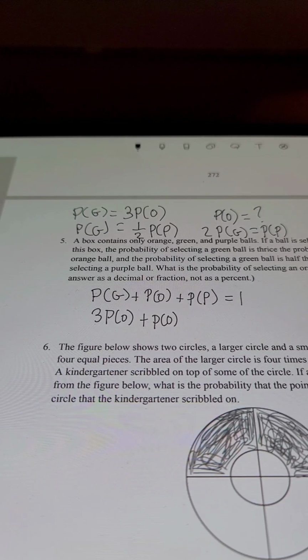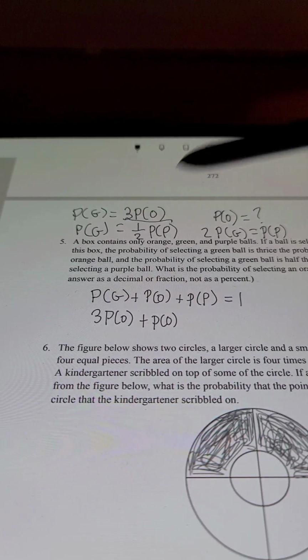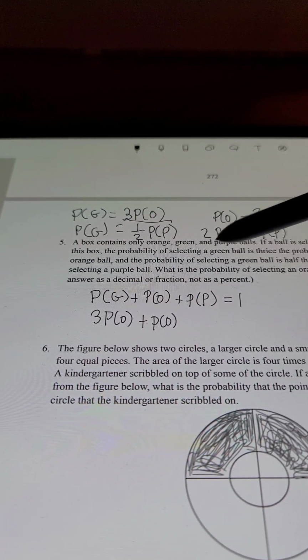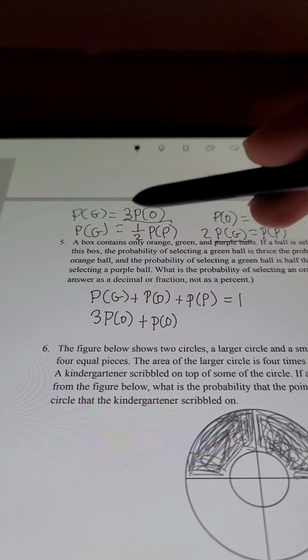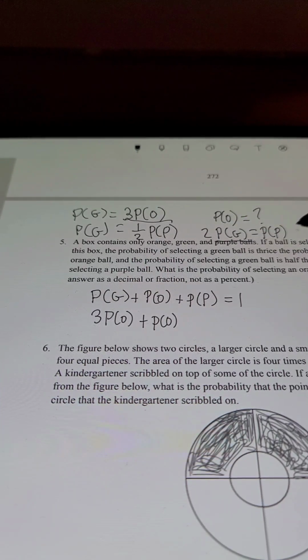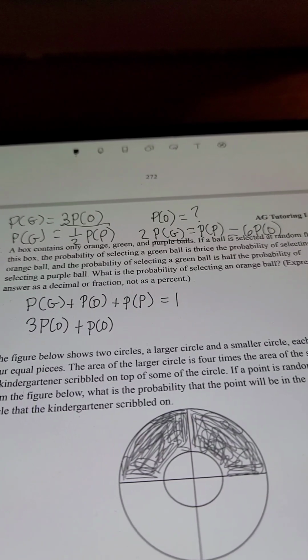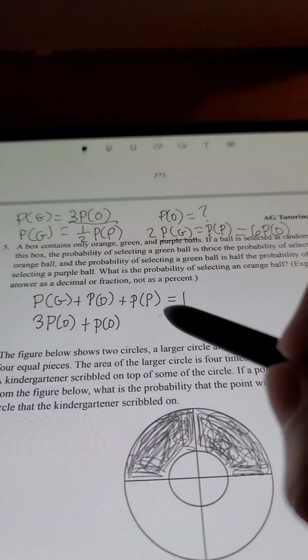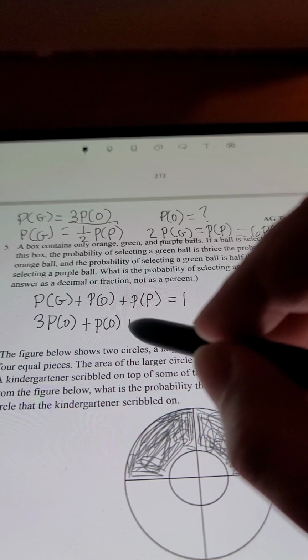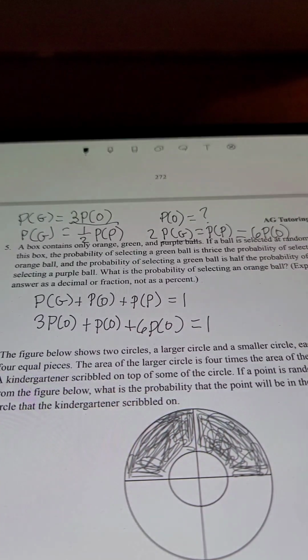So I can now replace the probability of G with 3 times the probability of orange, to say 2 times 3 times the probability of orange is 6 times the probability of orange. So I could replace probability of purple with 6 times the probability of orange, and then say that all equals 1.